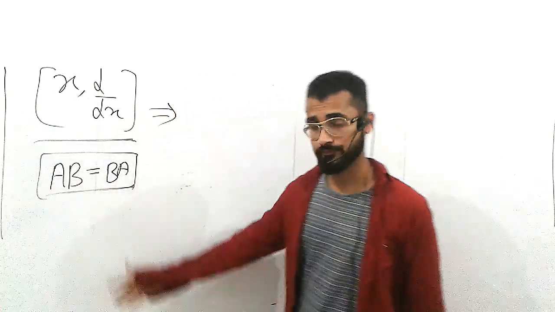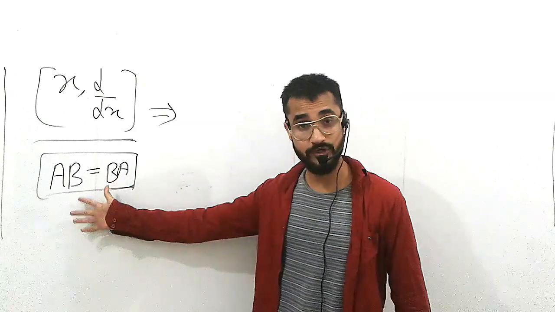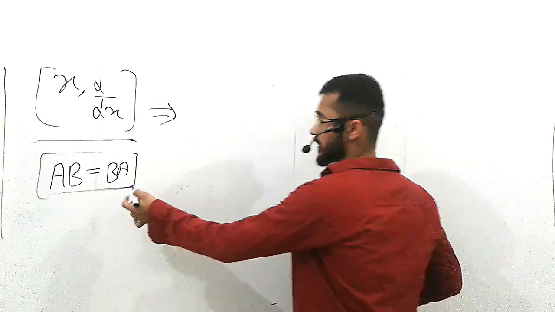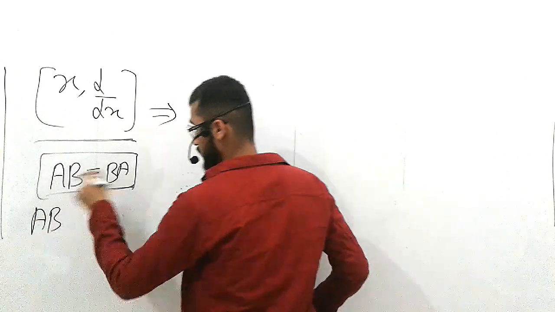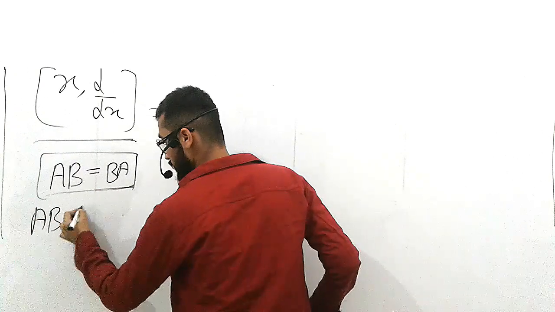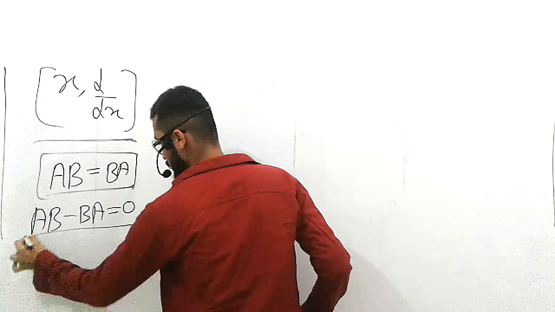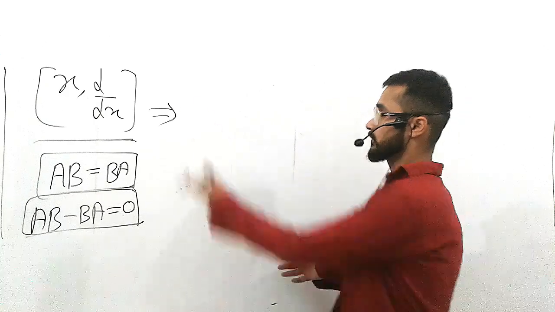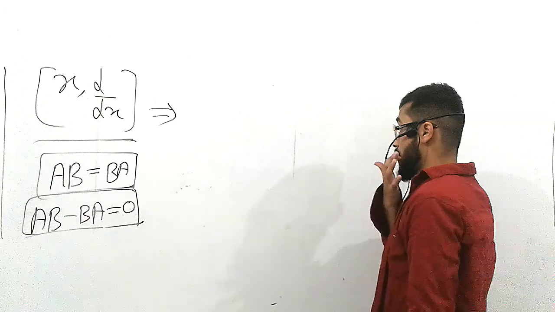Okay friends, that's basically the condition for commute operators. Now if I write it like AB minus BA is equal to 0, that's also a right form. So now just apply this condition on this example.